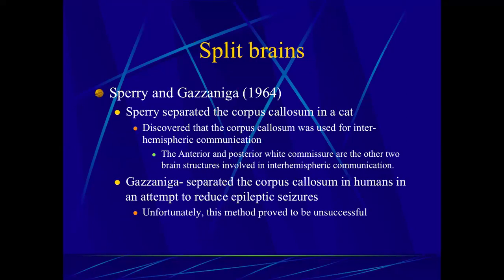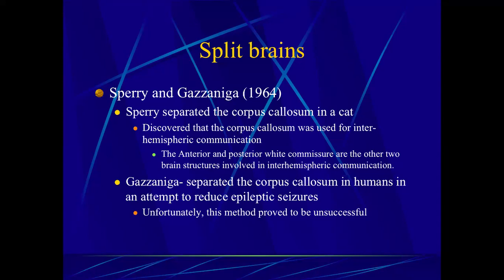Okay. Now, what would happen if we were to cut the band of fibers that connect the left and right hemispheres, right? Well, that study was done, right? So Sperry and Gazzaniga, they cut the corpus callosum in cats, and what they found was that it played some role in seizures, right?